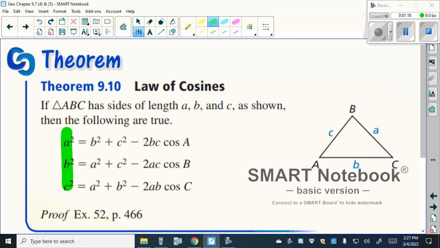All the rest of the side lengths in each equation are the other two sides, and then we have the angle.